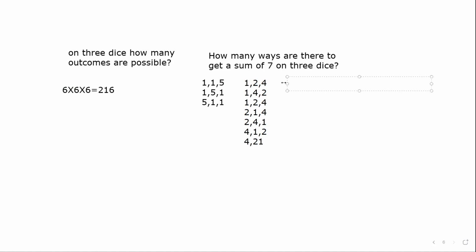Now, is there any other way to get a sum of 7 on 3 dice? Well, remember you're working with the digits 1 through 6, but you have 3 digits. So could I do it with 3s? I could. I could do this with a 1, a 3, and a 3. That would also be 7.